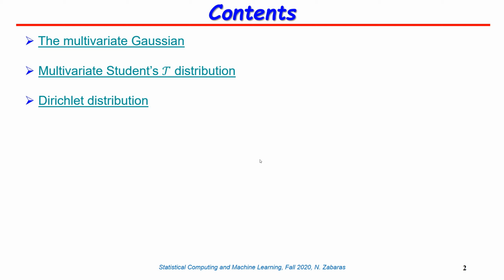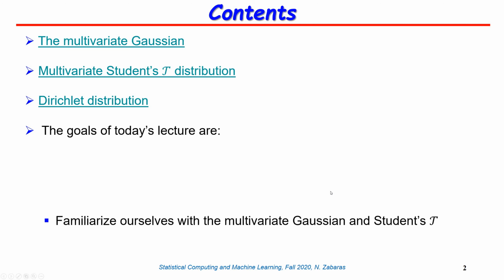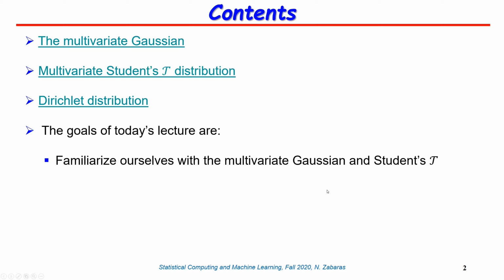This is going to be a short lecture, but the topics involve a little bit more algebra and they are a little bit more advanced than the earlier distributions we have seen up to now. So what are the goals for today's lecture? First, I want you to familiarize yourselves with the multivariate Gaussian and student's t. Both of them will be essential for this course.